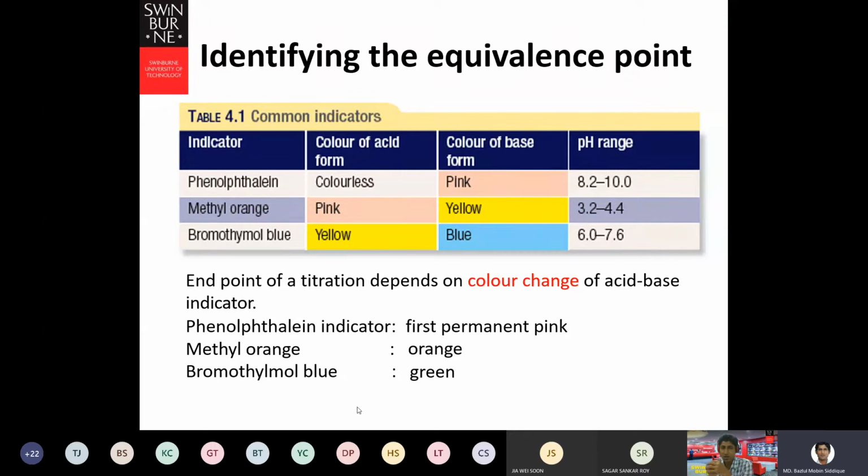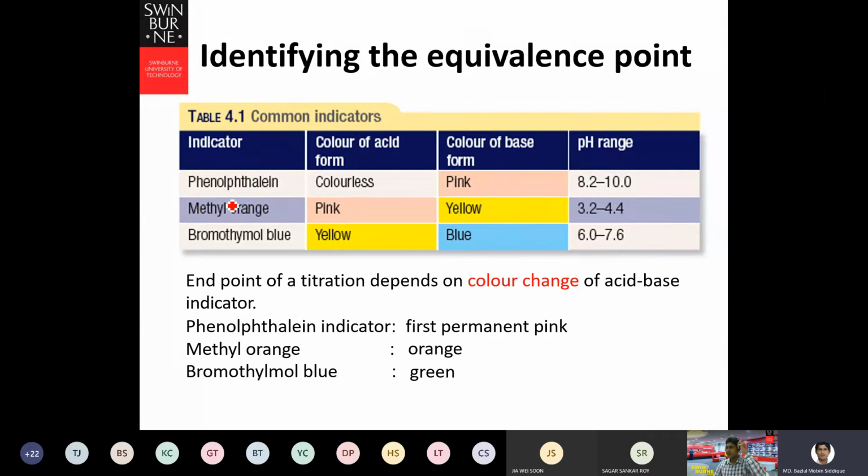Methyl orange, although don't be deceived by the name, will be pink in acidic medium, but it will convert to yellowish, not exactly yellow, in base or alkaline medium. So the pH range also changes.